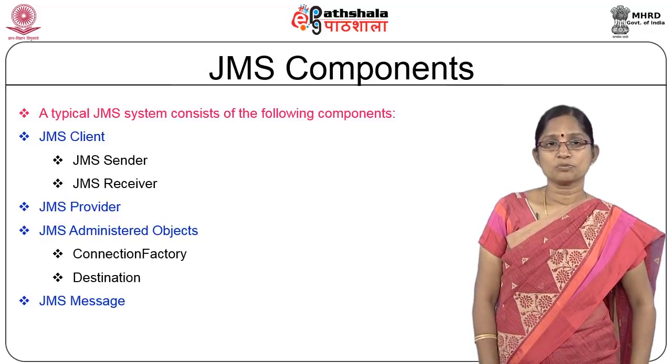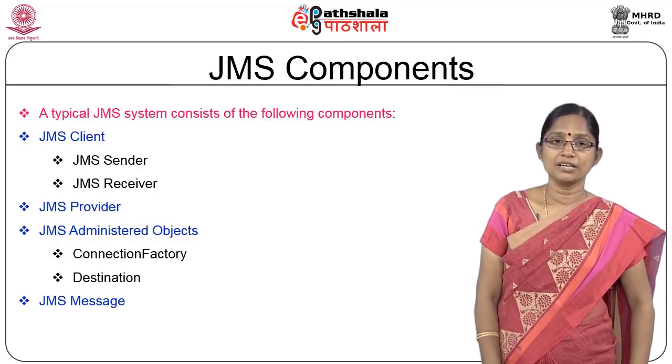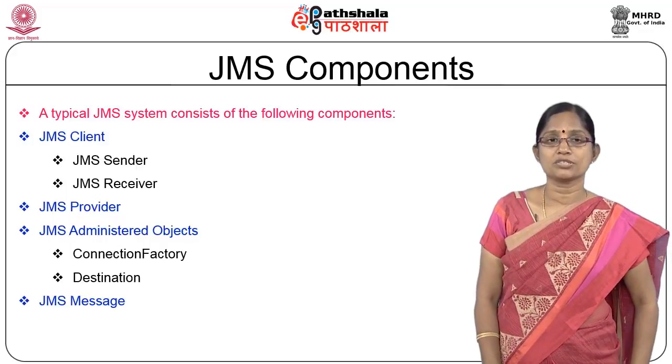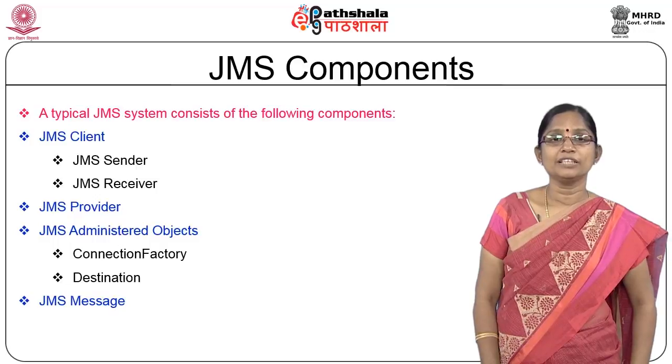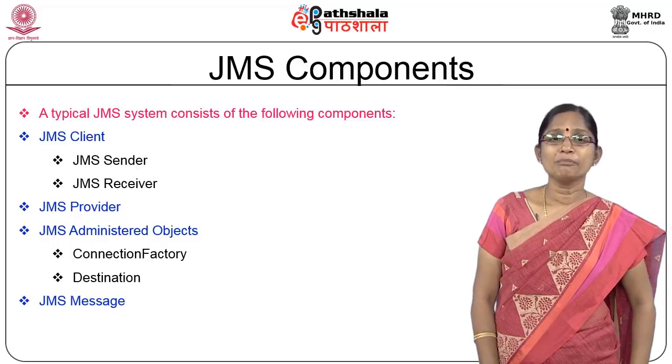The provider is responsible for sending these messages. Then JMS administered objects are there. Under administered objects, two things are available: the connection factory and the destination. Destination is the place where the messages get stored. And finally, the JMS message. The message is the component where the information we want to communicate gets stored.